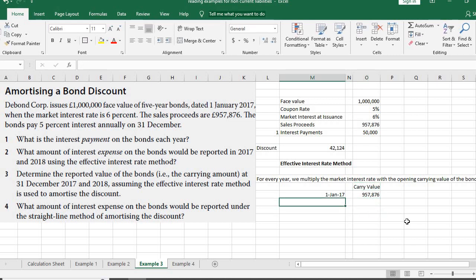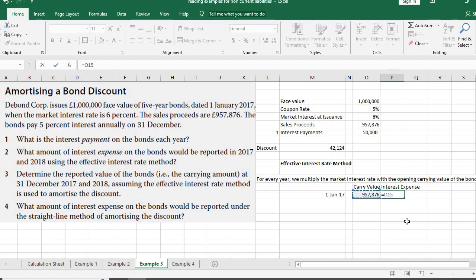During the year the interest expense will be the carrying value multiplied by the market interest rate at issuance.